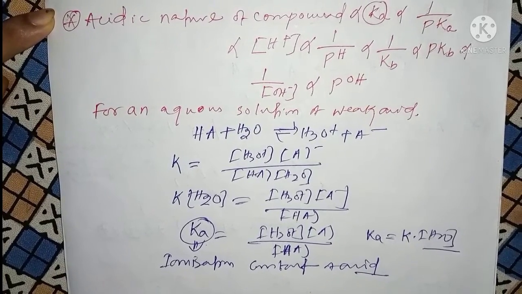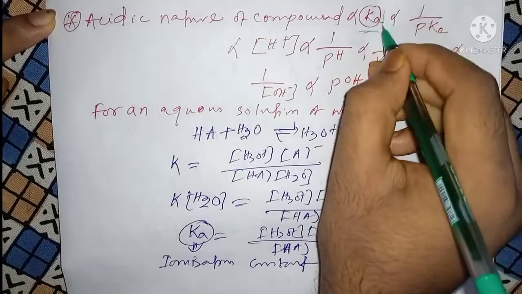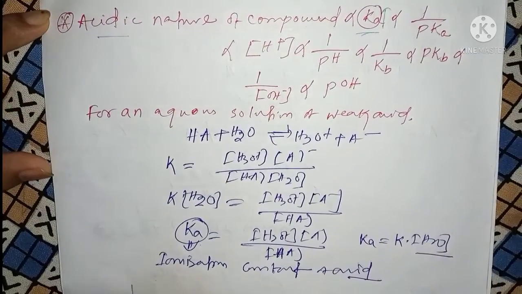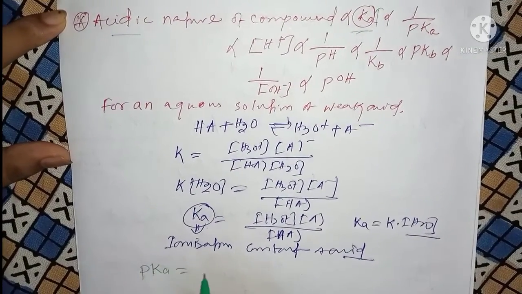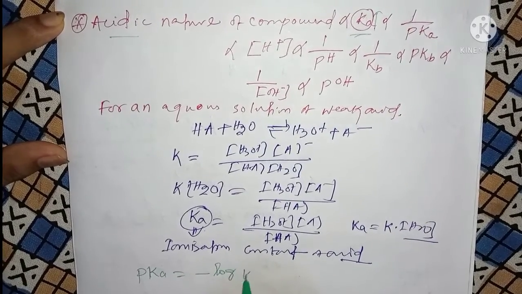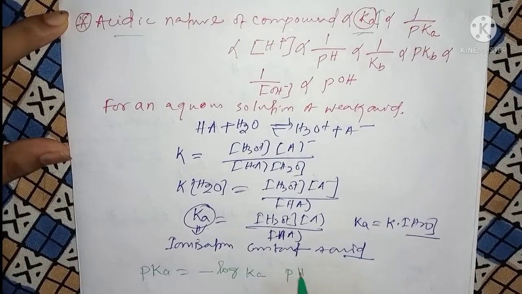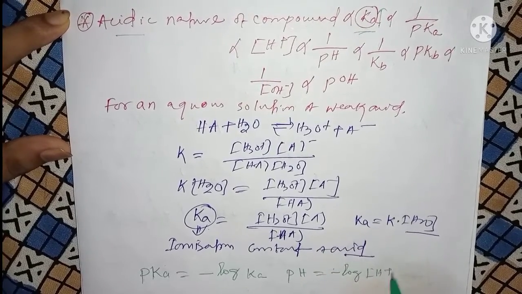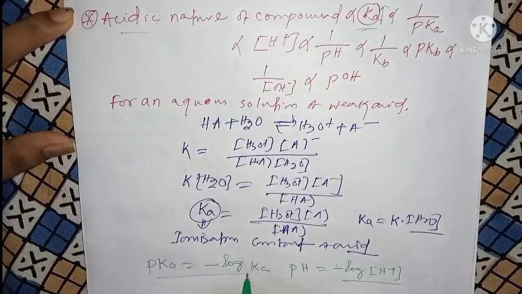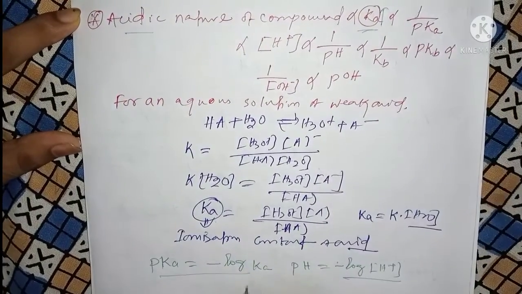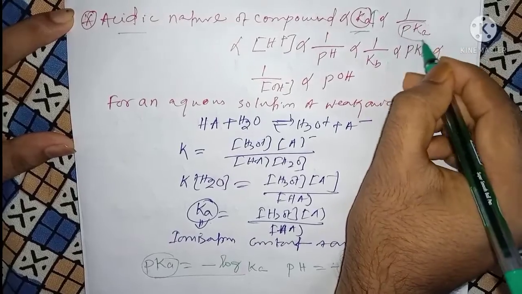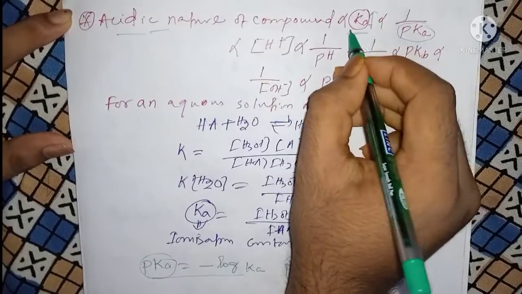Now if Ka value increases, acidity increases. It is inversely proportional to pKa; we know pKa equal to minus log of Ka, and pH equal to minus log of H plus concentration. So Ka increases, because of the negative sign pKa value decreases, so acidity increases.